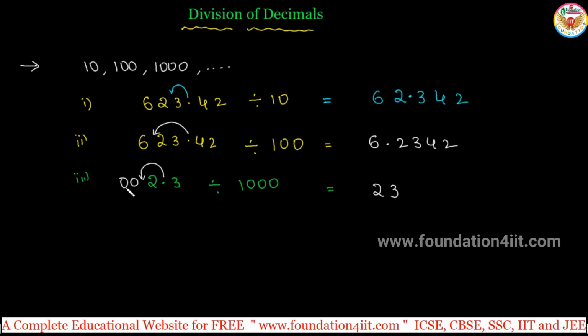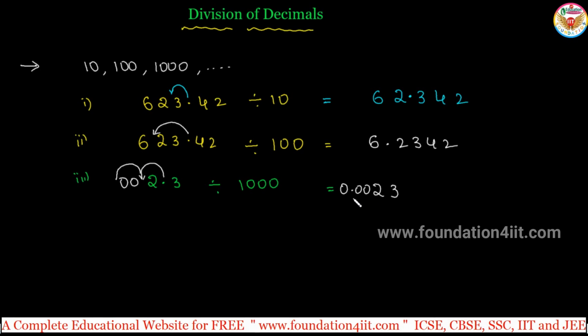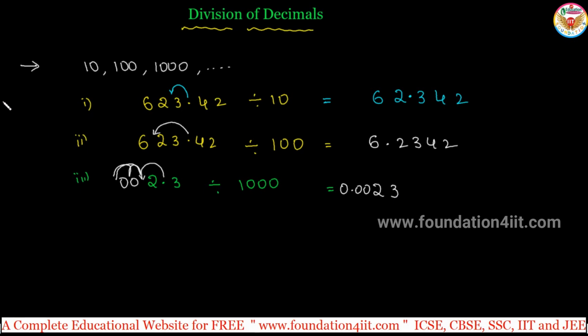So you can keep in mind another two zeros. With the extra two zeros, the point should shift here. So it is 0.0023, because here is 1 and 2, then 3 because of three zeros. 0.0023, right? This is the division by 10, 100, 1000, and so on.